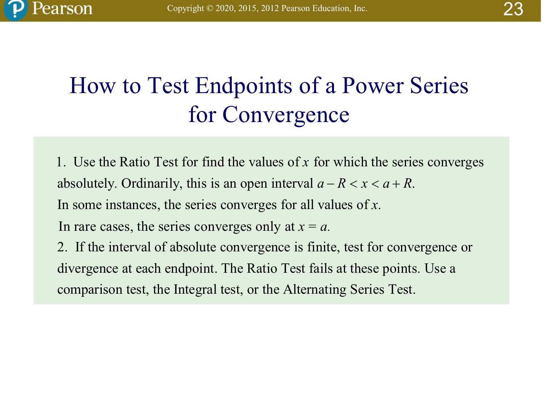Endpoints of a power series. Ordinarily, we have stopped at this point. We've gotten to the point where it's an open interval, where we have a center, and that one's centered at 0, and we have a radius, but our endpoints, maybe it's 2 to 7, but it's between 2 and 7, not including 2 and 7.